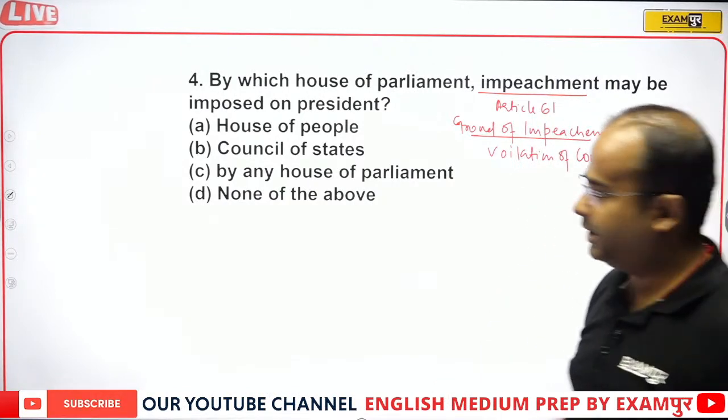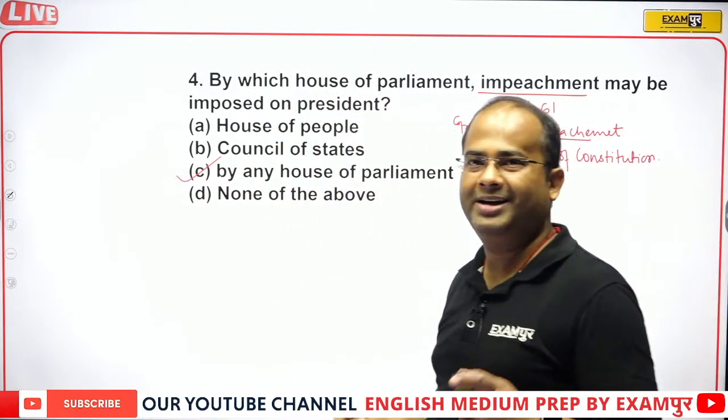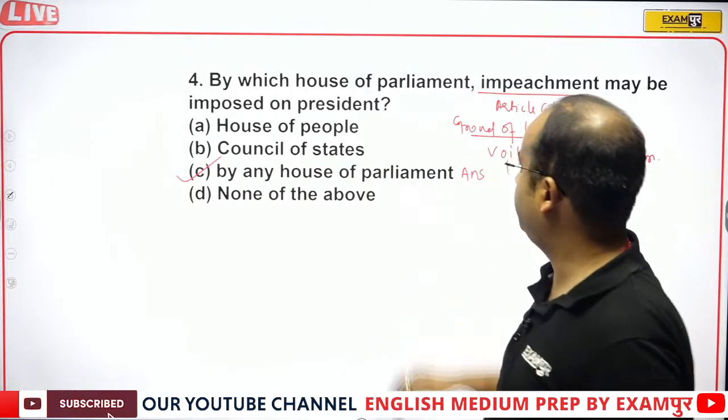It can be started in either house of the Parliament: in Rajya Sabha, or in Lok Sabha.